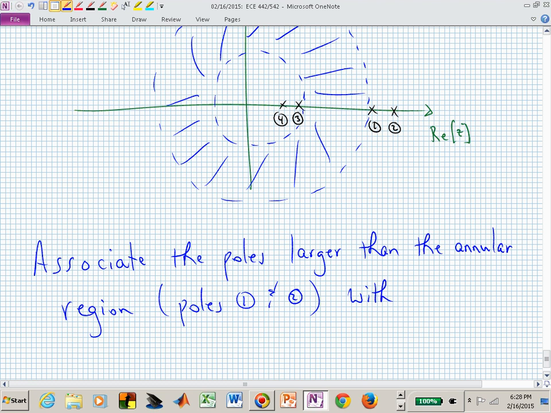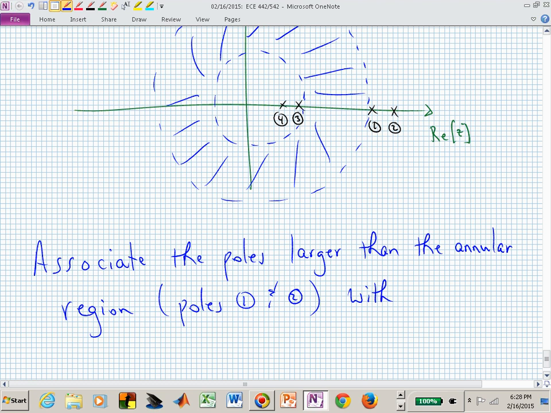What's the little n that this corresponds to for those poles, 1 and 2, with the annular region now inside those poles? So take it to the extreme and just say 1 and 2 are all I have. I don't have 3 and 4 right now, which you now have this region of convergence that's interior to poles 1 and 2. What time, right or left, does that correspond to?